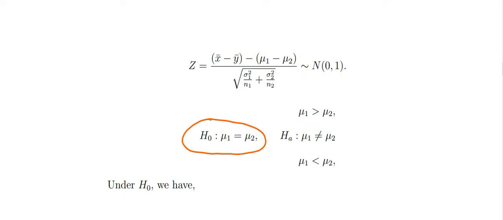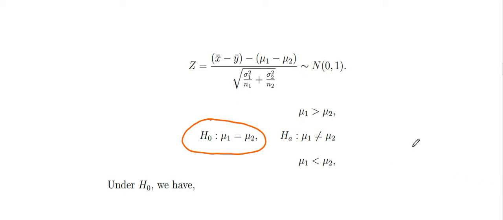For HA, like in the one sample problem, we have three options: not equal, or more specifically, larger than or less than. Which HA should we choose? It depends on what you want to say, or which makes more sense. So we need to judge from the problem itself, right?